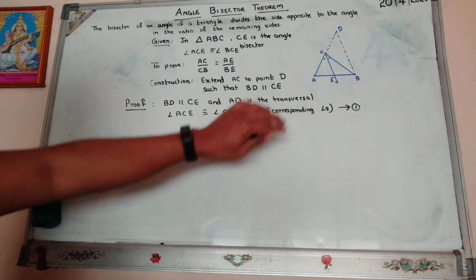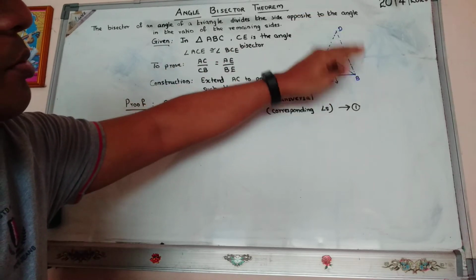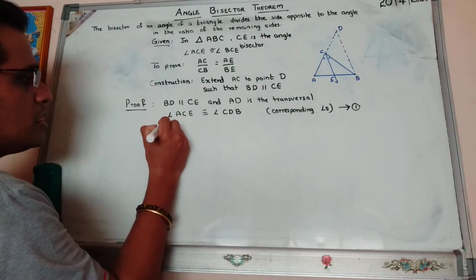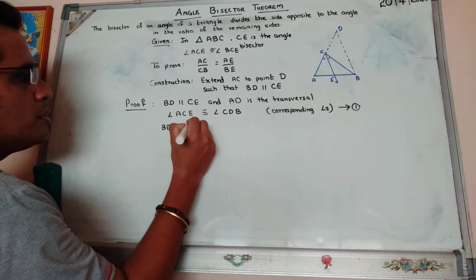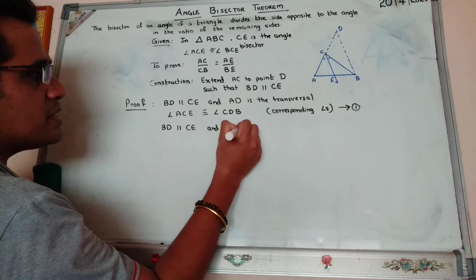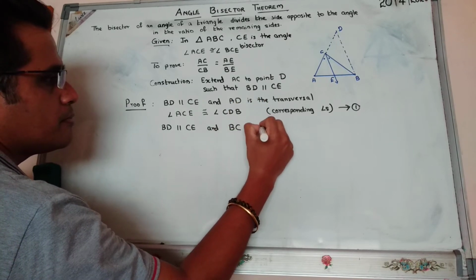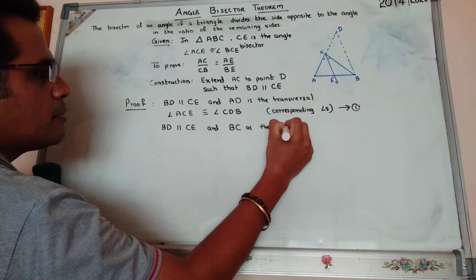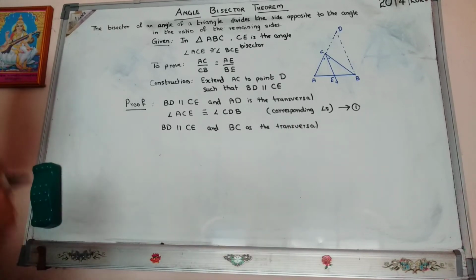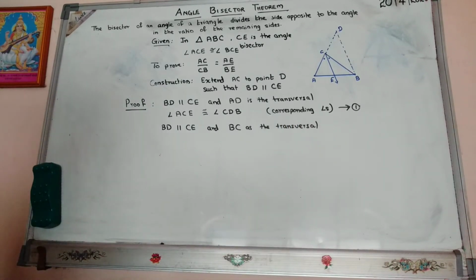Got this? First I consider CE parallel to BD and AD as a transversal. Now again I will consider BD parallel to CE and BC as a transversal. If I consider BC as a transversal, which are the alternate angles I am getting?